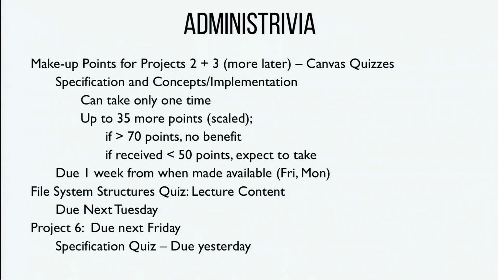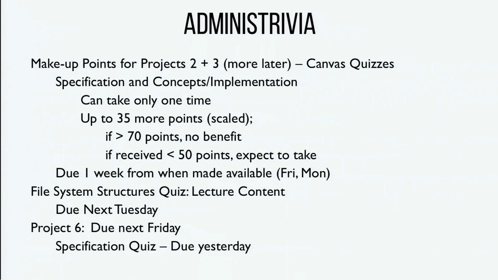All right, so administrative stuff that you all know about. There are some outstanding quizzes to do if you want to get makeup points for projects 2 or 3. I released a new quiz on lecture content about the file system data structures. Basically, we show a dump of what the file system image looks like, with inode contents, data contents, and directory contents.